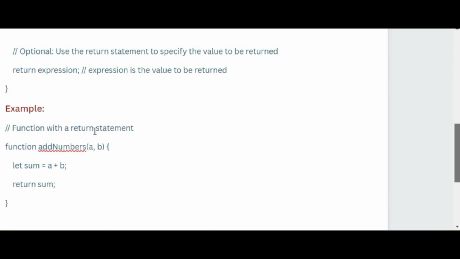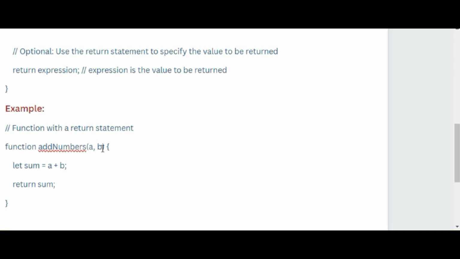Now come to the use of the return statement. What is the use of the return statement? The return statement is essential when you want a function to produce a result that can be used elsewhere in your program, right? So it allows functions to be more flexible by producing different results based on the input.